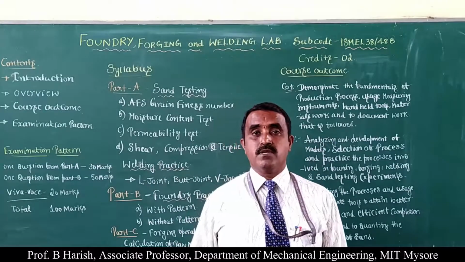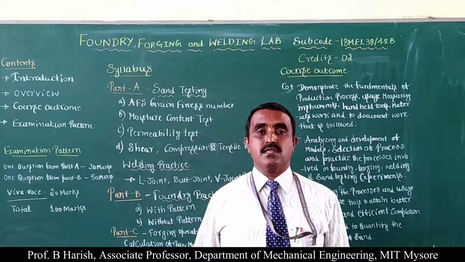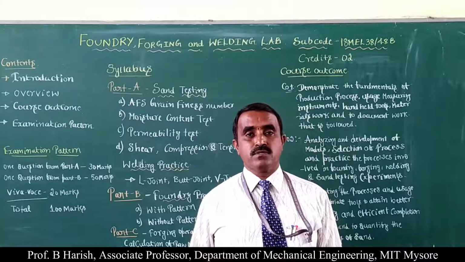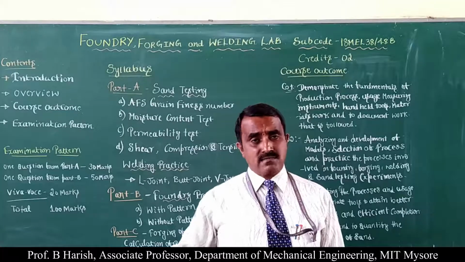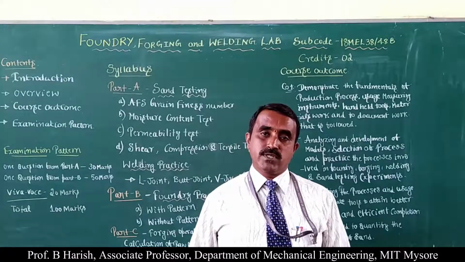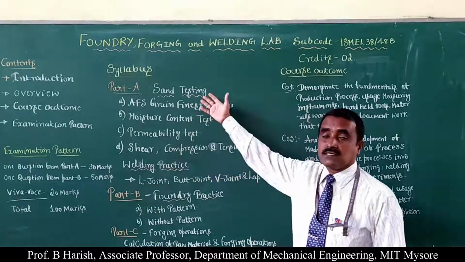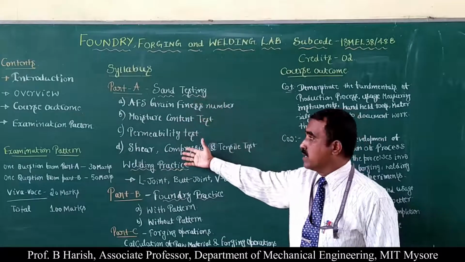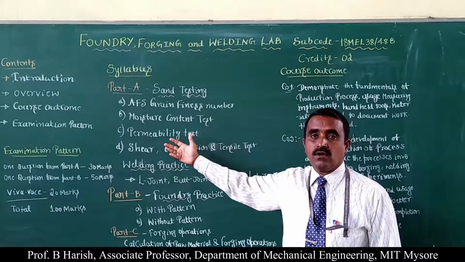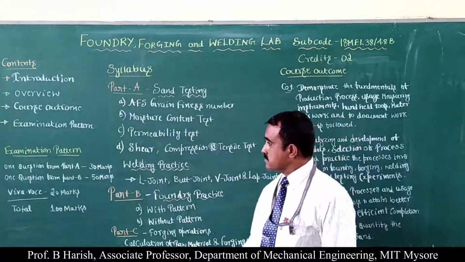We carry out experiments to find out the tension, compression and shear strength of the sand which we are using for preparing the mold. As sand is one of the basic ingredients used for preparing the mold, we should know the properties of the sand. Hence the first part is sand testing, where we carry out different tests to find out the different properties of the sand that is used.